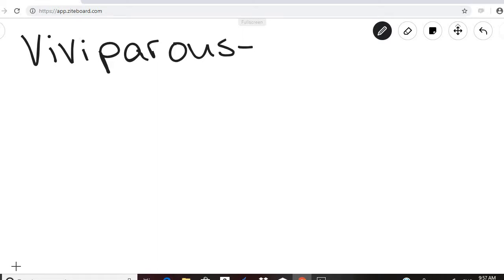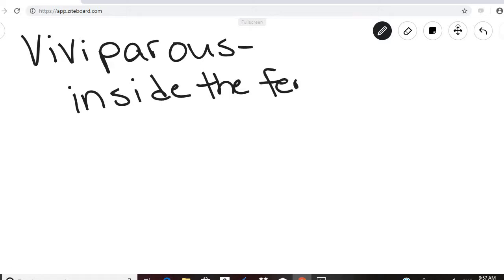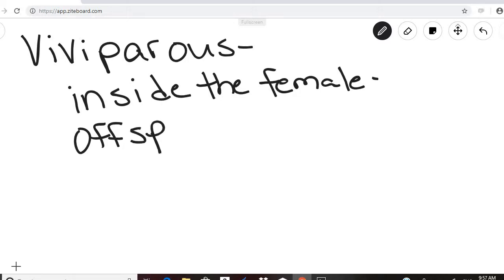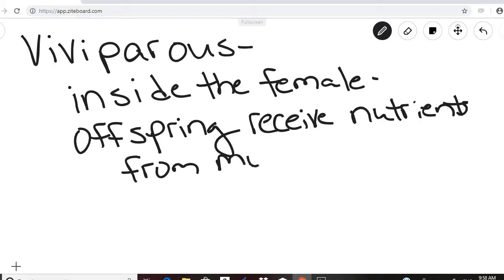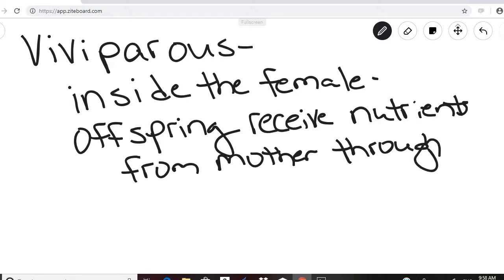With viviparous, the offspring develop inside the female, and the offspring receive nutrients from the mother through a placenta. So this is the type of development that occurs in mammals.